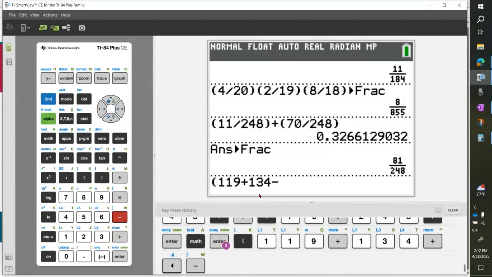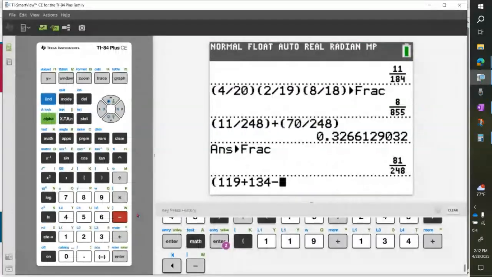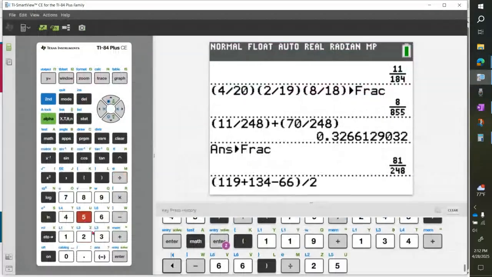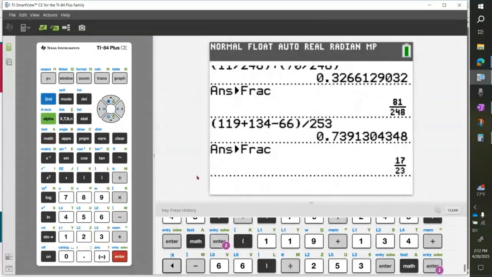Supposed to be minus. So 119 plus 134 minus 66. That's the numerator. Use that to divide by the denominator. The denominator is 253. That's the decimal. And that's the fraction.